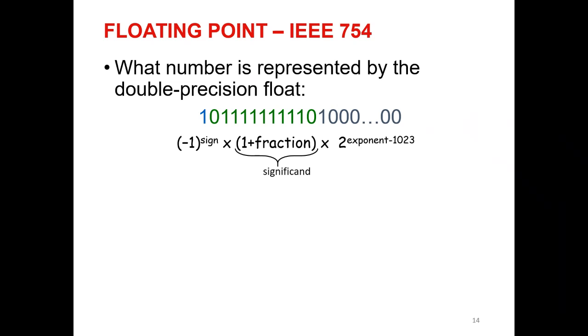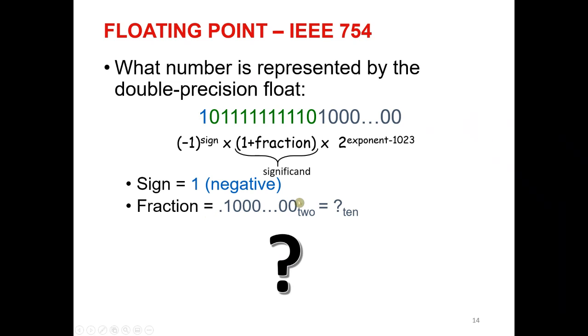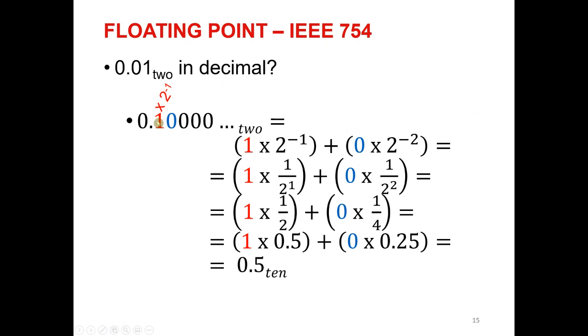First of all, as before, the sign in this case is a negative number because we have a 1 in this position. Then the fraction, which are those bits here in gray. We have this value in binary, and again we want to know the equivalent in decimal. Similarly as before, we multiply the first bit by 2 power minus 1, the second bit by 2 power minus 2, and in this case all the rest of the bits are 0.